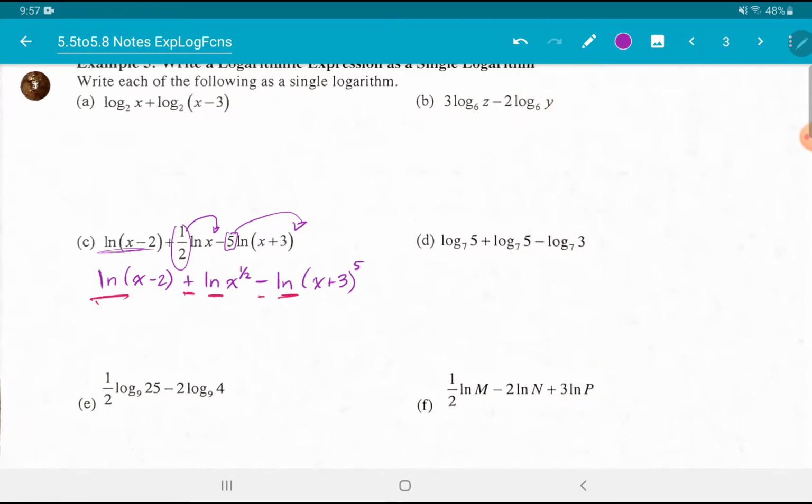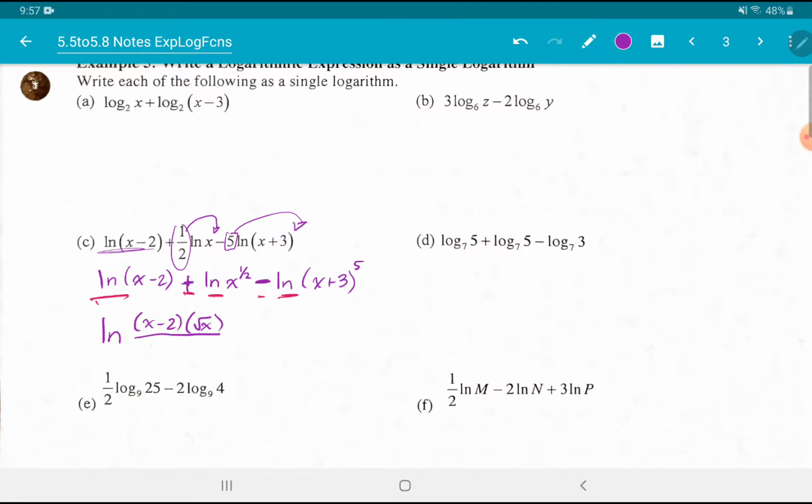So in this case, our entire natural log, remember that if you're adding them, they get multiplied. So what we have is x minus 2 times x to the half. What is x to the half? That's technically square root of x. And then whenever you subtract your natural logs, remember that's technically the same as dividing as one whole log.